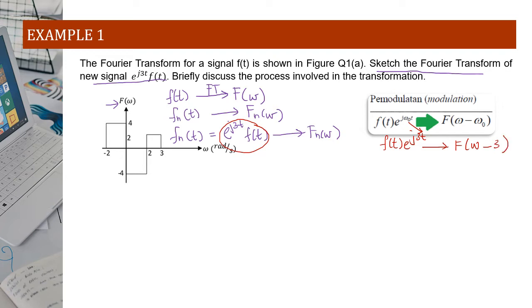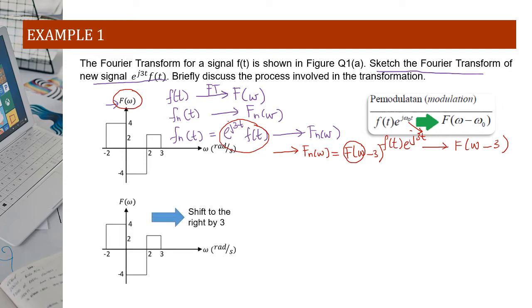So now you know that f_n(t), equal to the given equation, will produce F_n(omega), which is equal to F(omega minus 3). F(omega) is the given signal. So you can transform the original signal F(omega) into a new form F_n(omega) by having the signal in the frequency domain shifted to the right by 3.